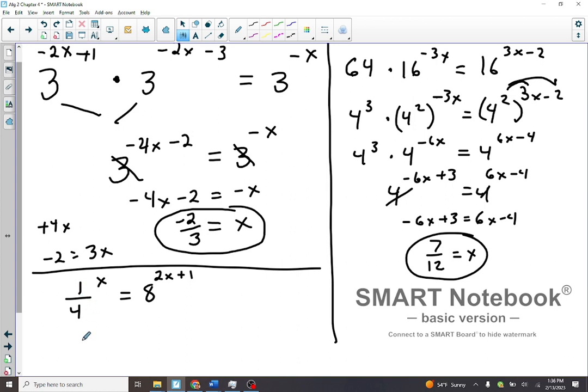So this is going to be 2 to the negative 2 power x. It's a 2 power because 2 to the 2 power is 4, and it's a negative because it's a fraction. 2 to the 3rd power, 2x plus 1. 2 to the negative 2x equals 2 to the 6x plus 3.